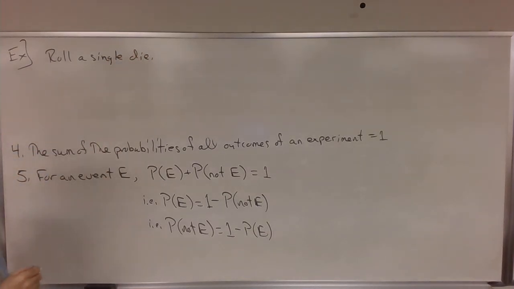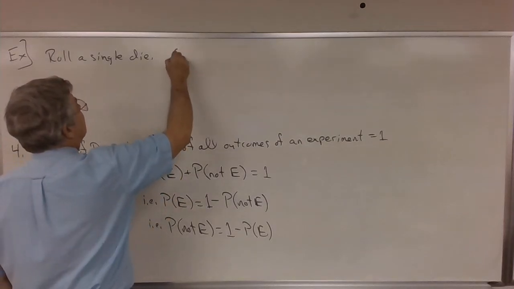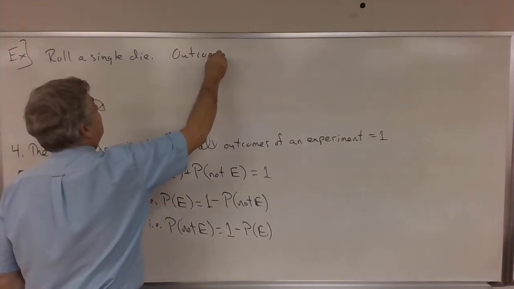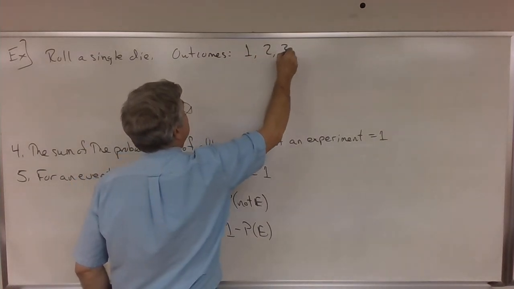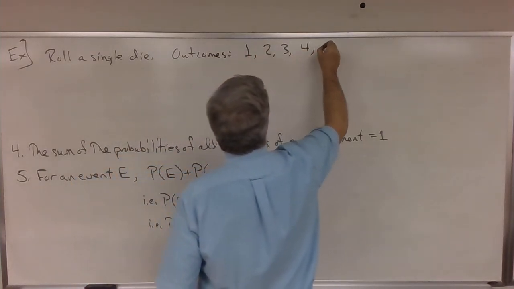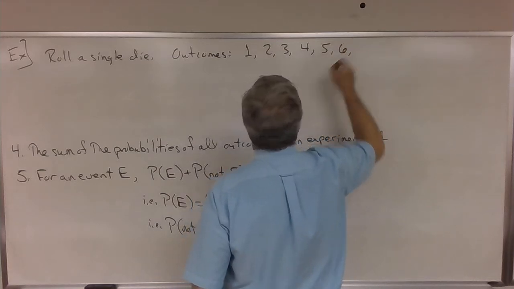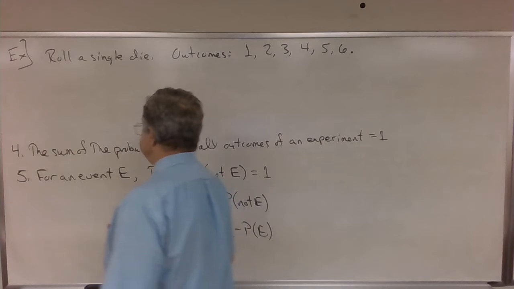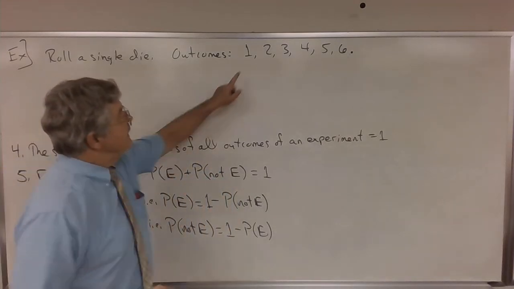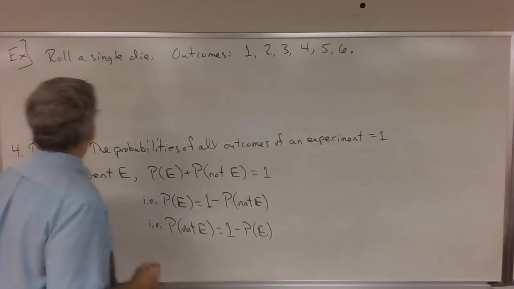The outcomes are that we get a 1, we get a 2, we get a 3, we get a 4, we get a 5, we get a 6. Those are all of the outcomes. These are equally likely outcomes.